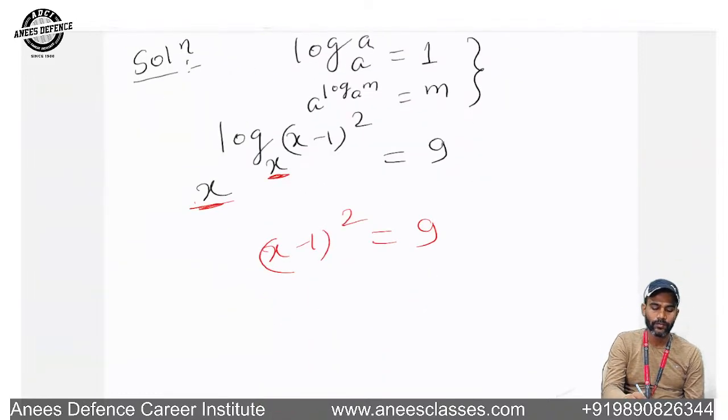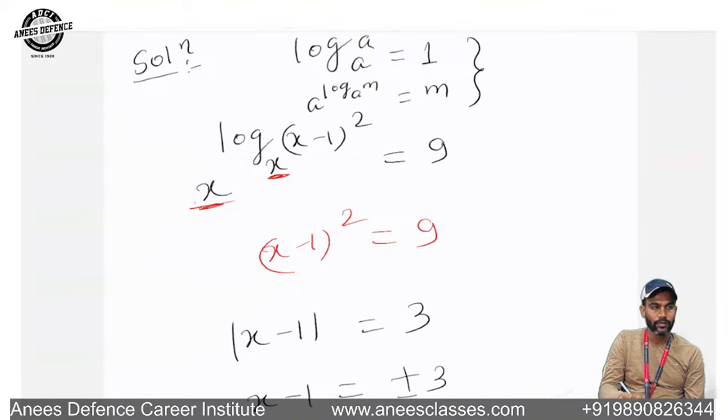Now taking square root on both sides, what you'll get? Mod of x minus 1. And what is the square root of 9? 3. Now when mod opens, it becomes x minus 1 is equal to plus minus 3. If you take the positive sign, x becomes 4.